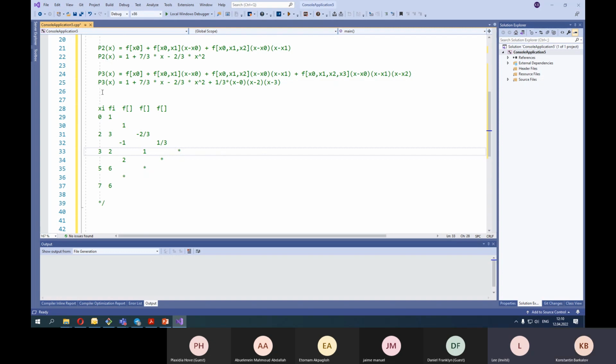And after that, you can write a polynomial of degree 4. You see that this table looks like a triangle. In the base of the triangle are the x's, and in the corner of the triangle is the divided difference of highest degree.